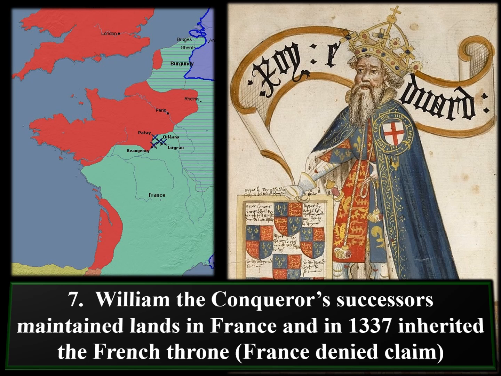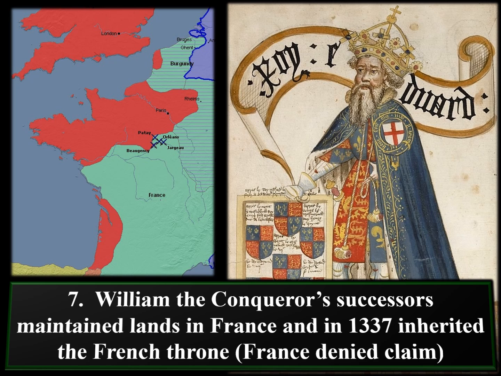And so this will ultimately bring about a war between the French people who don't want William the Conqueror's heirs to be the kings of England and of France, and of course, those that do.